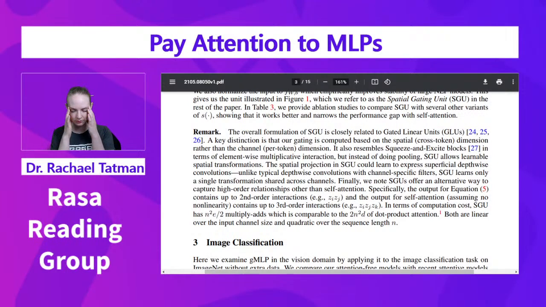Wait. So I think in a language instance, the channels are, you have your embedding matrix, right? For each token, you have your input embedding. I think the channels are the words in your embedding, if you're using words, the tokens in your embedding.